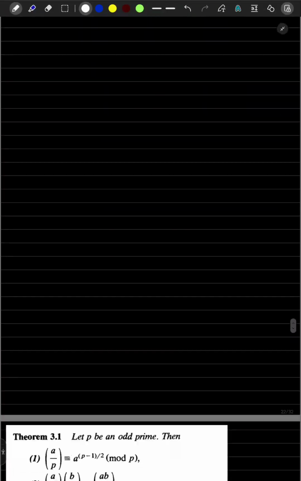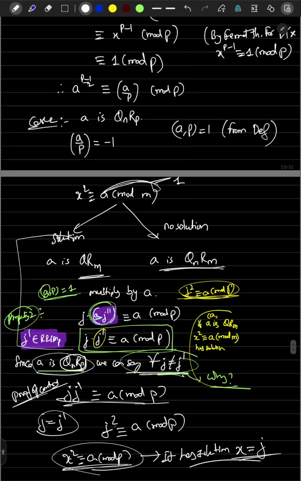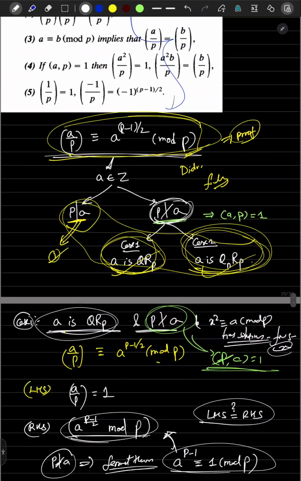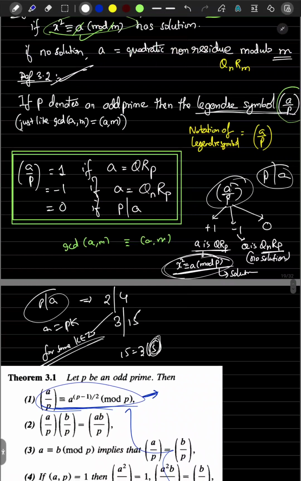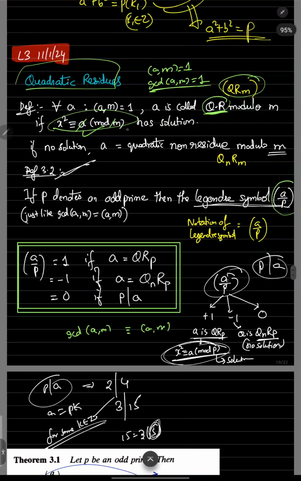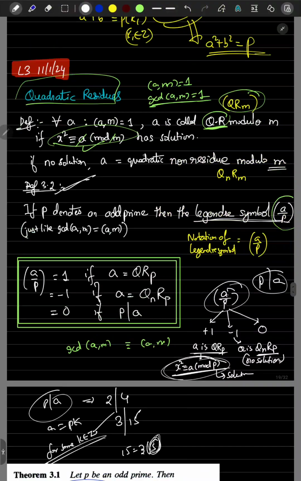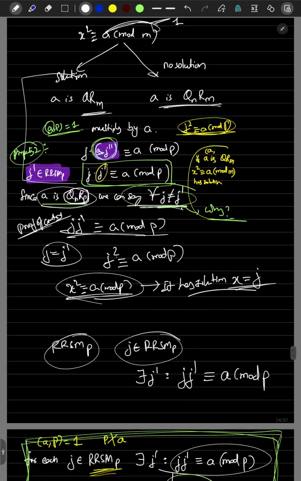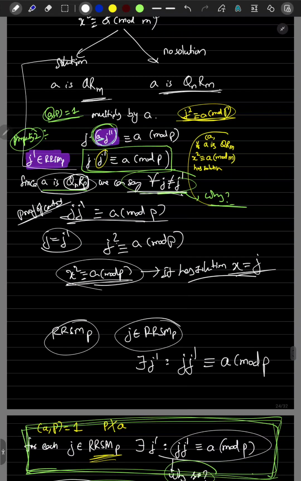At the beginning only I told, basic definition: A by P has no solution when A is a quadratic non-residue mod P. So this is my explanation. From this I can say that it contradicts our statement. So I can say okay, you are correct, bro. So I can write that J does not equal J dash.